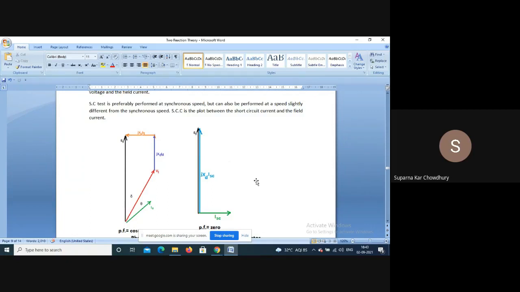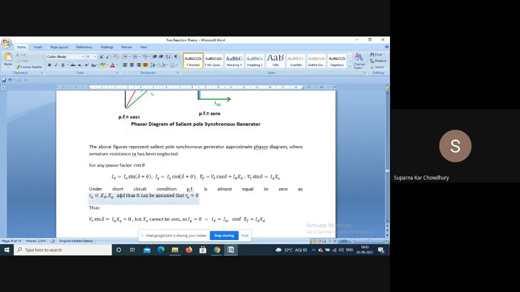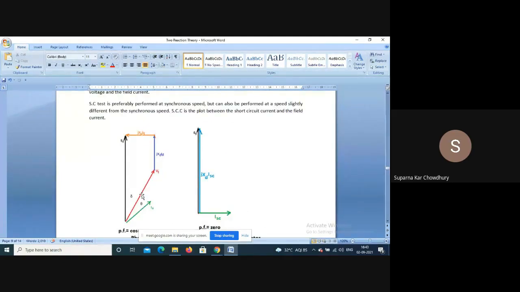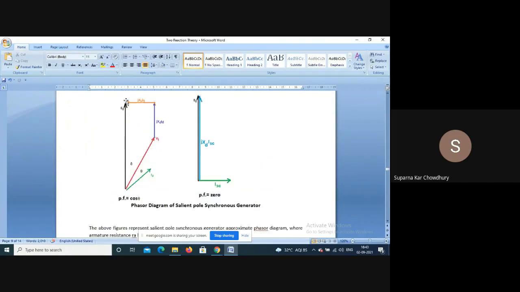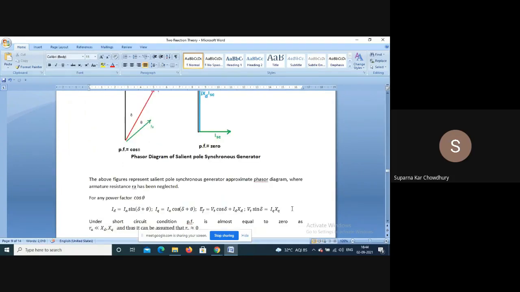What happens if this voltage is lagging by 90 degrees? From here, Id is equal to Ia sin of delta plus theta, and Iq is Ia cos of delta plus theta, and Ef is equal to Vt cos delta plus Id Xd, and Iq Xq is Vt sin delta.